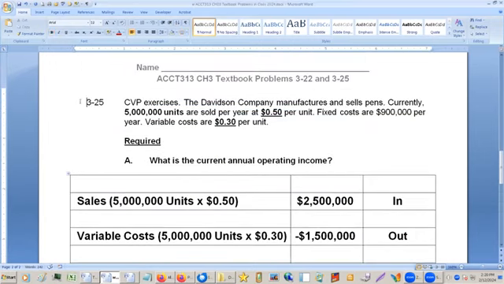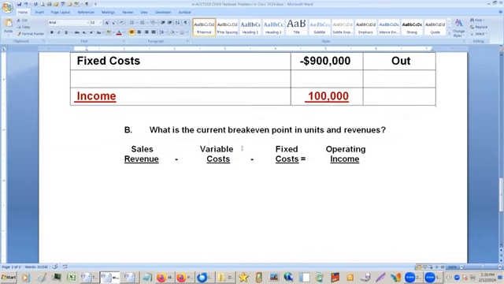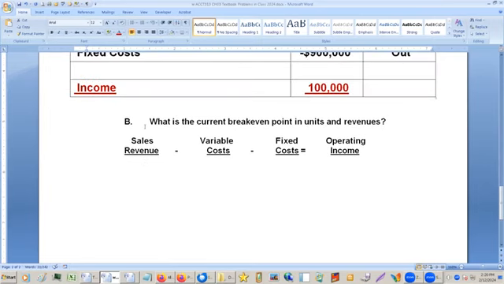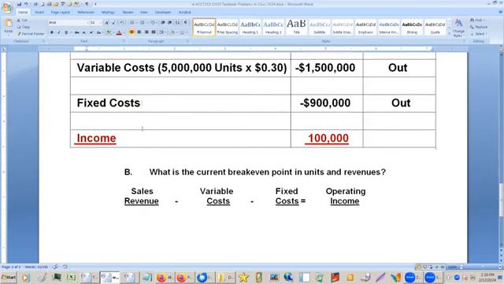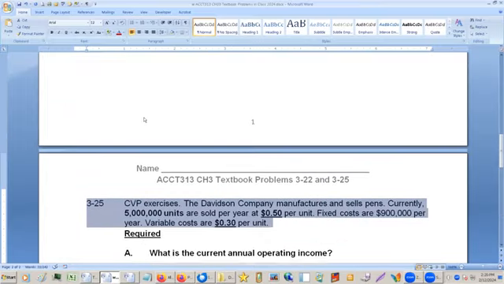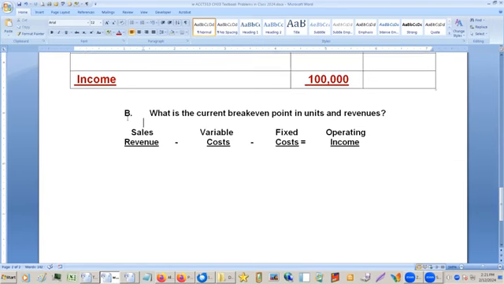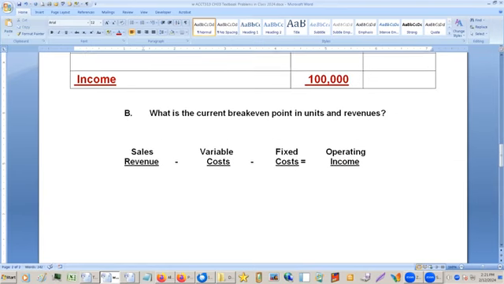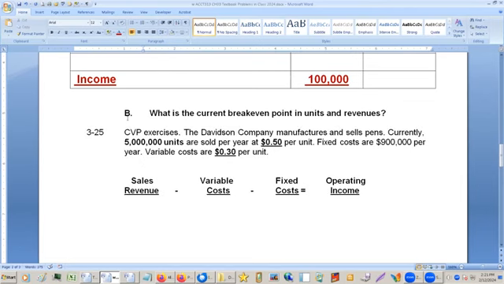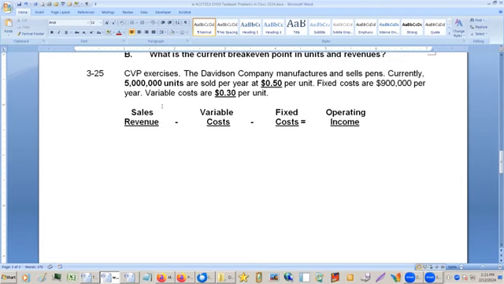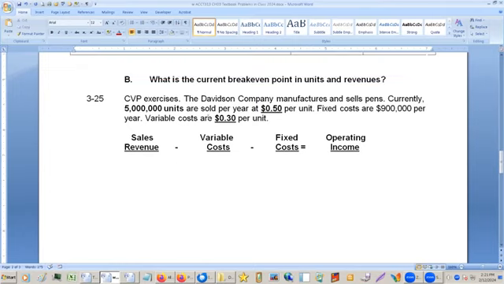And like before, I'm going to copy this down. Okay, we'll do the break-even.